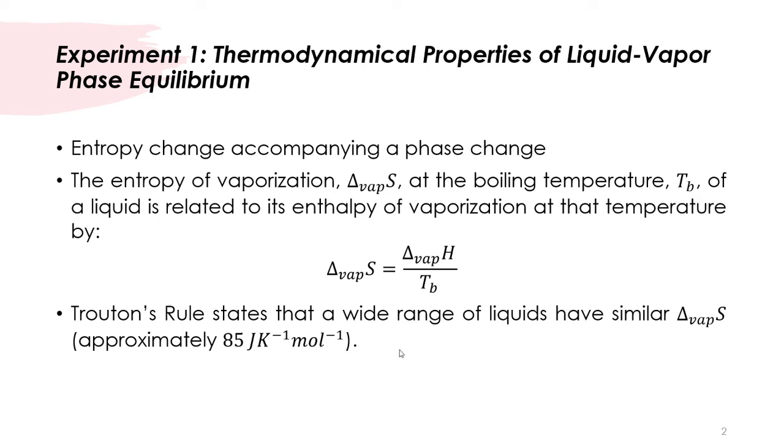Now, with exceptions, like for example hydrogen bond and metallic bond, most of them actually have similar delta S. So this is something I want you to do a little research on to understand why is that so, because that's very important when you want to discuss in your lab report as when you start doing it. So do find out why do they actually share this common delta S vaporization.